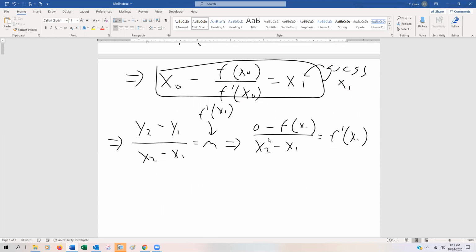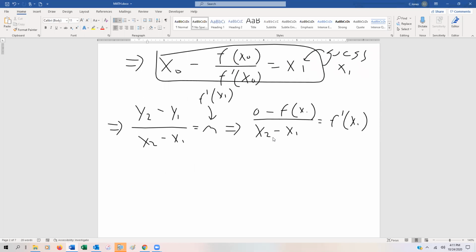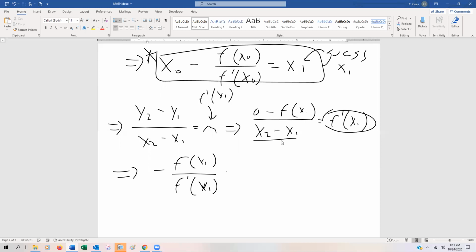We can solve it the exact same way that we just did. Hold on to this, because that's important. We're going to multiply both sides by this denominator, and then divide by f prime x1. The next line, just by some algebra, is the opposite of f of x1 divided by f prime of x1 is equal to x2 minus x1.